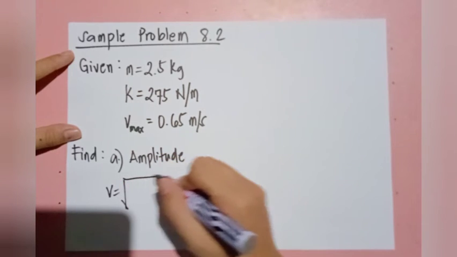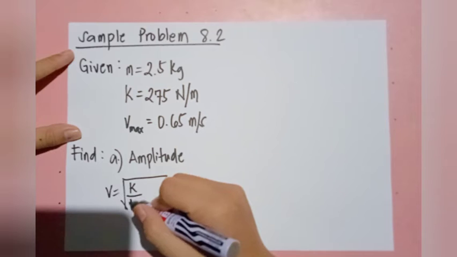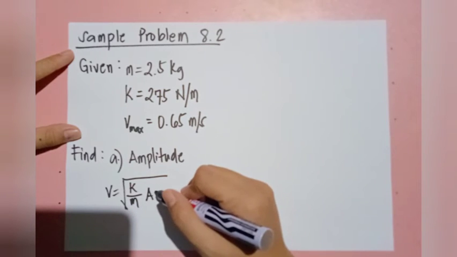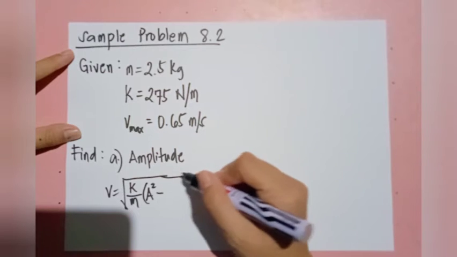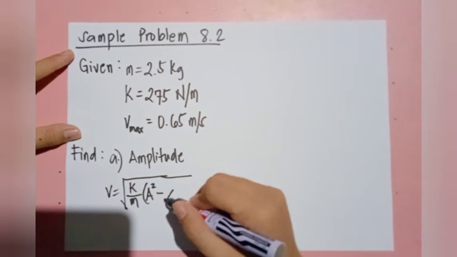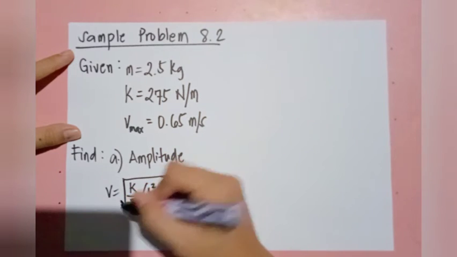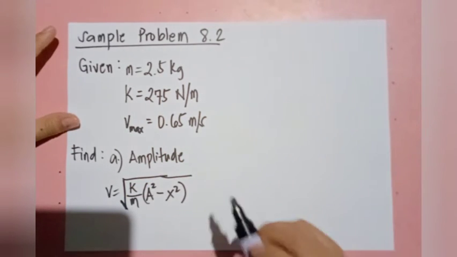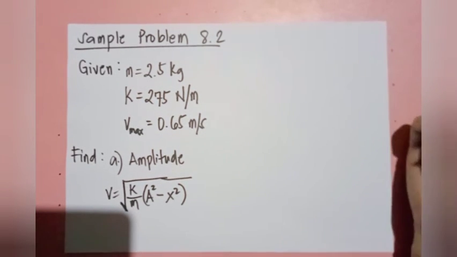square root of k over m multiplied to the quantity of a squared minus x squared. Alright, so this is equation 8.7, which is necessary for us to solve for the amplitude.